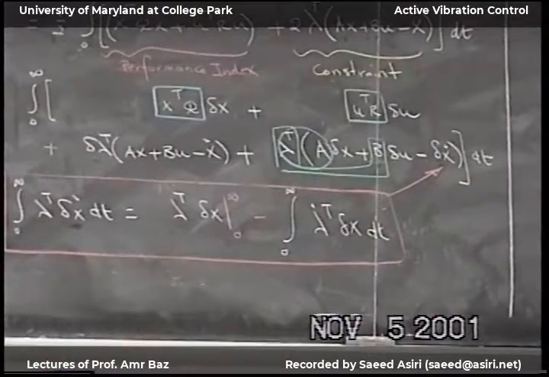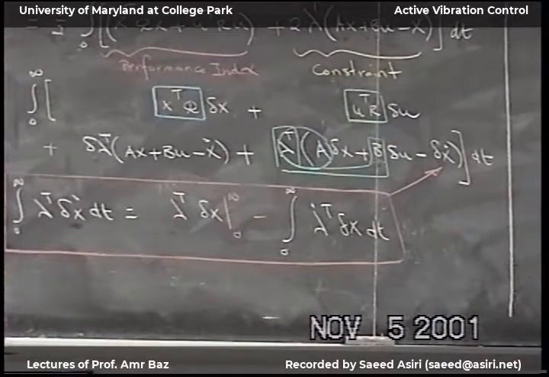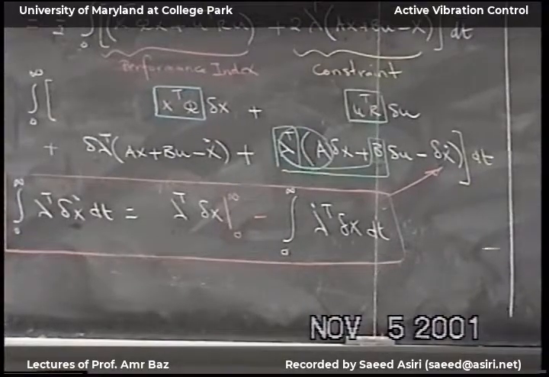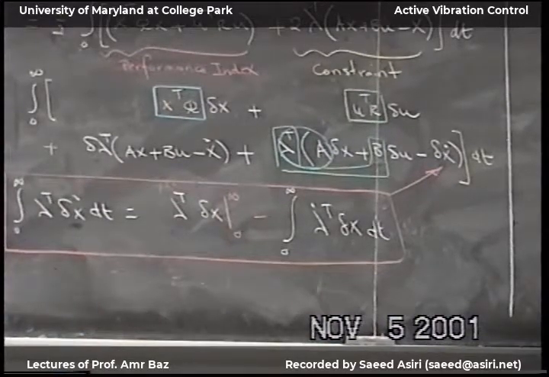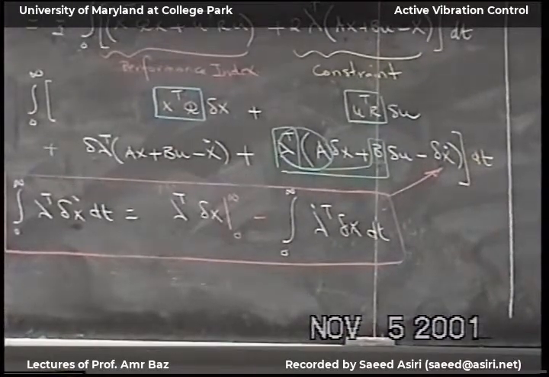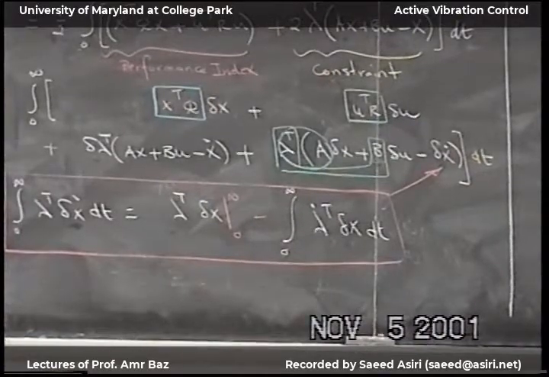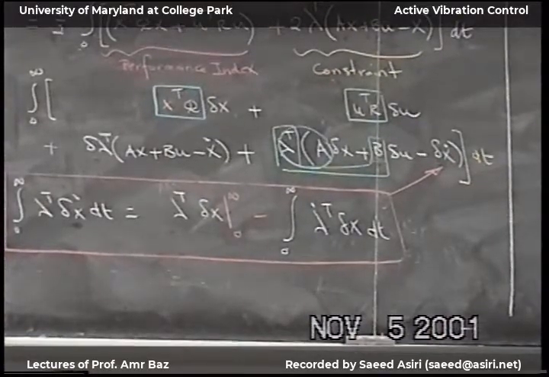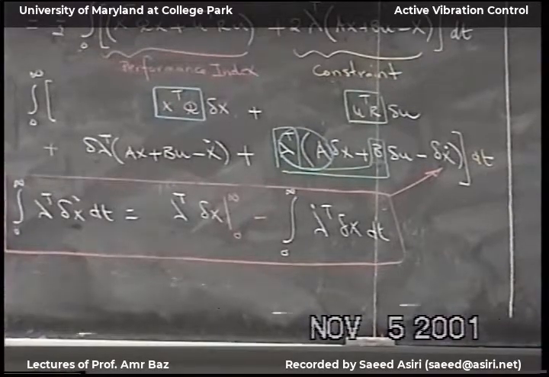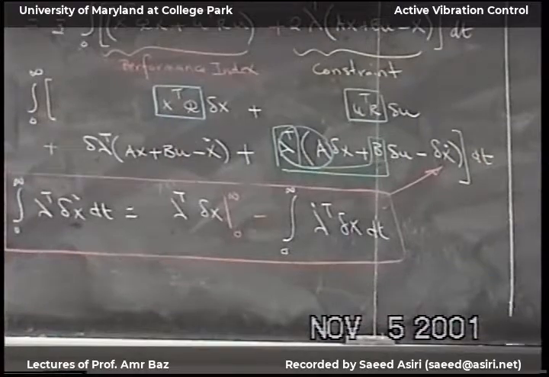So I have plus lambda dot transpose times del X. And the whole thing is del X. And then plus U transpose R plus lambda transpose B times del U. And then plus del lambda transpose times AX plus BU minus X dot.